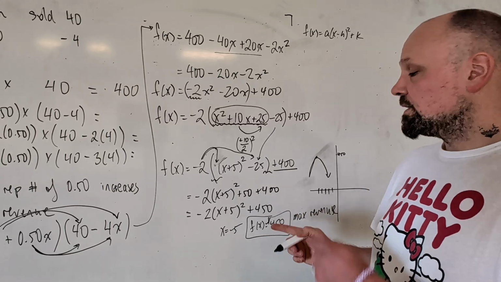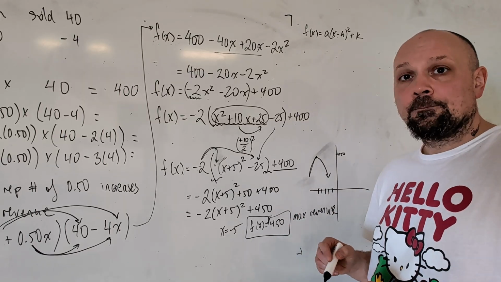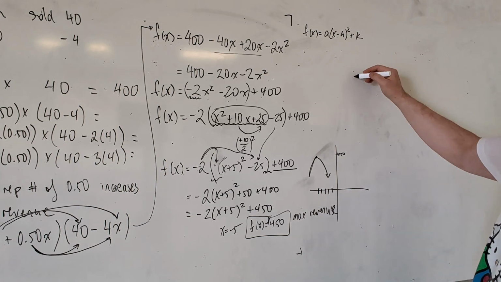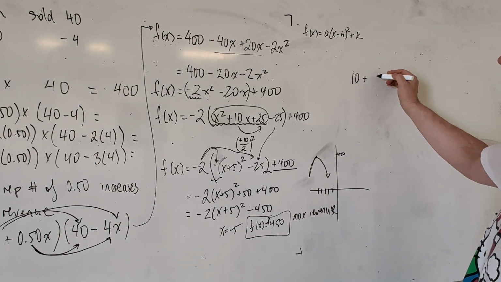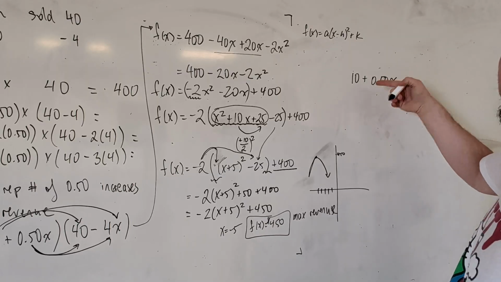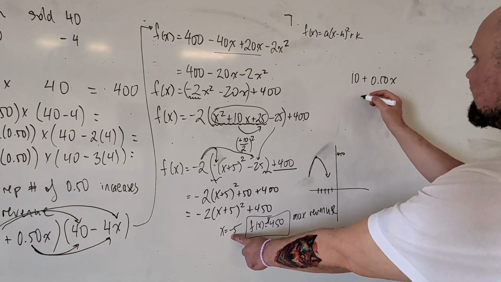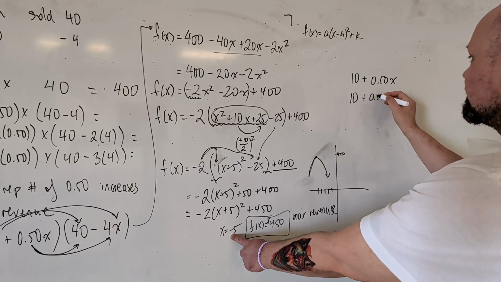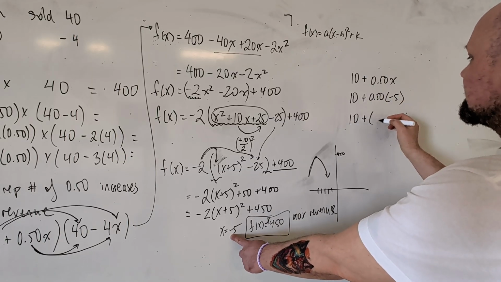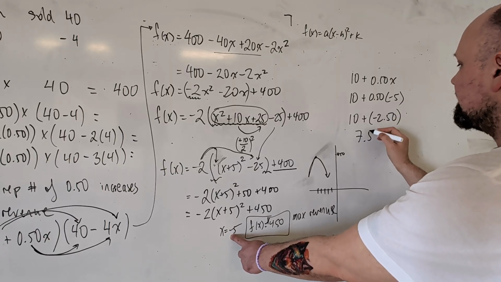But the original question was also, what should they charge? Remember we said that they're charging $10 plus 0.50x, because they're doing 50-cent increases. But we found out that x was actually -5. So this is -2.50, so it's $7.50.